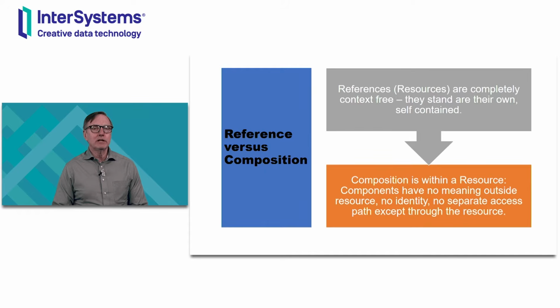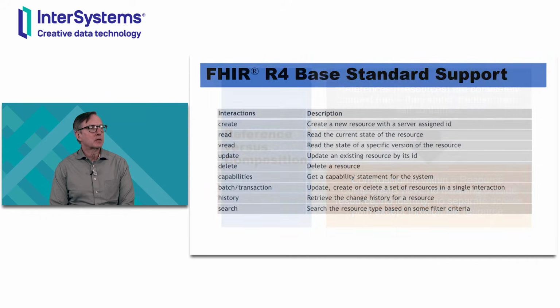While they contain a great deal of information, you can't query them outside of the resource itself. They don't have, in essence, a separate path to being queried. So that's very important to keep in mind, and you can do this basically through different search parameters that I'll be showing you.